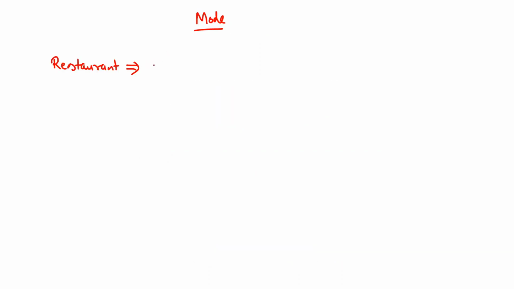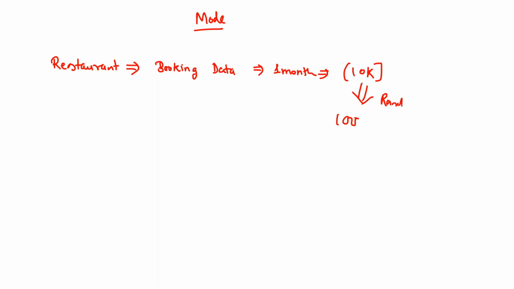I am running a restaurant. I have booking data of 1 month, so there are around 10,000 records. What we can do is take a random sample of 100 records.